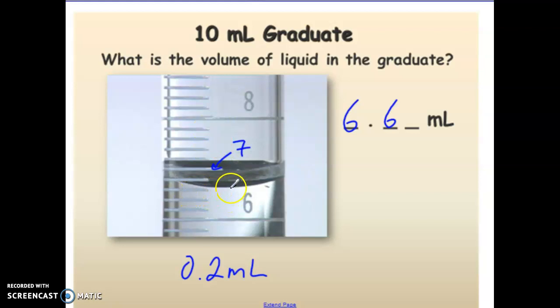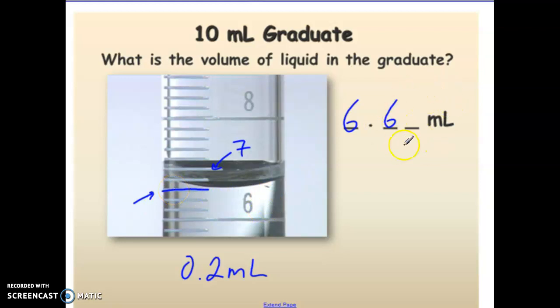So this line here, and you notice that the bottom of the meniscus is very, very close to this line, but I would say it is still higher than this line right here. That is our 0.6. So 6.6 is actually from this line directly.